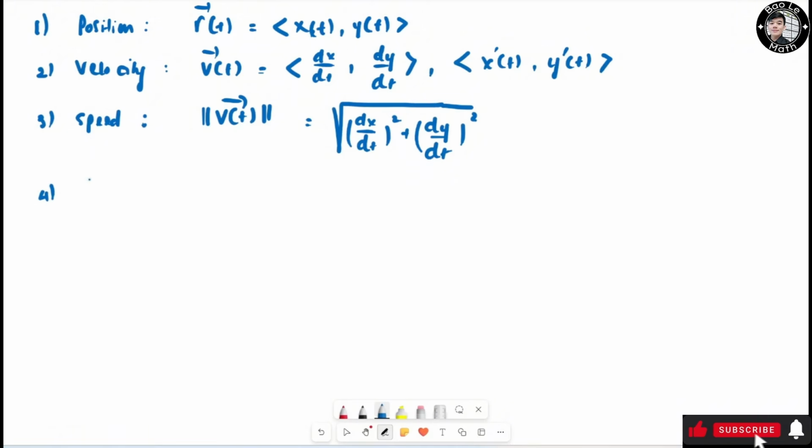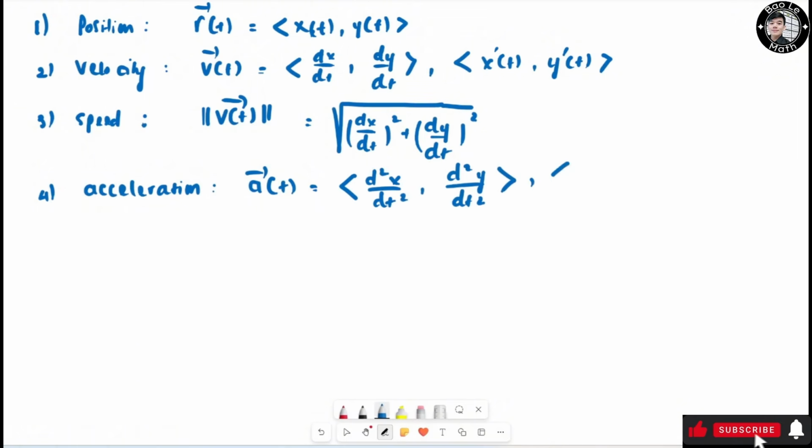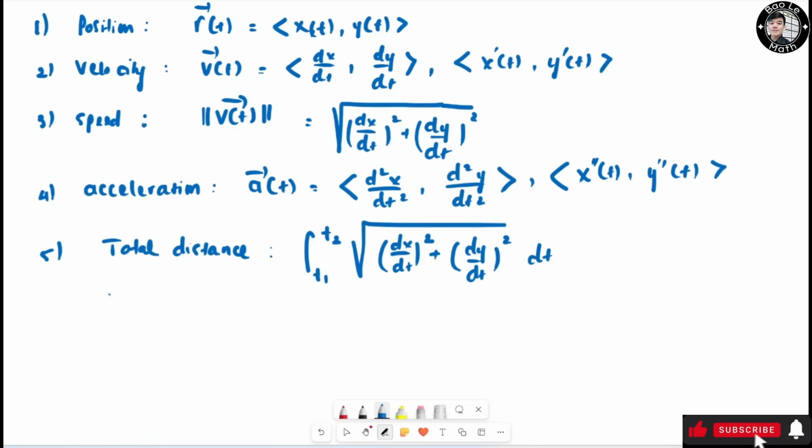Number 4, we're going to talk about the acceleration vector. A of t is the second derivative of the position, right? Or sometimes we can rewrite this one as s double prime of t, y double prime of t. Number 5, find the total distance traveled by the position vector, which is also the arc length of a parametric curve.